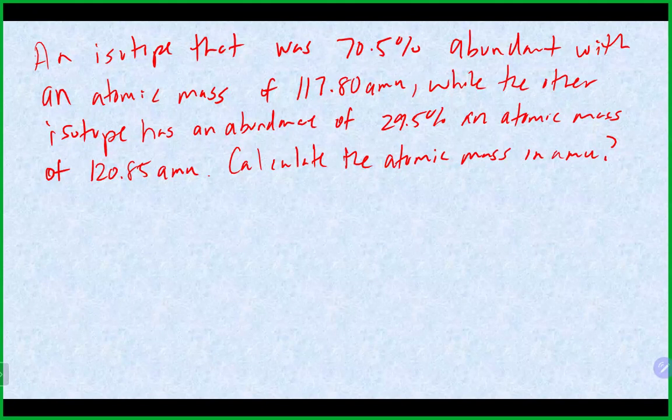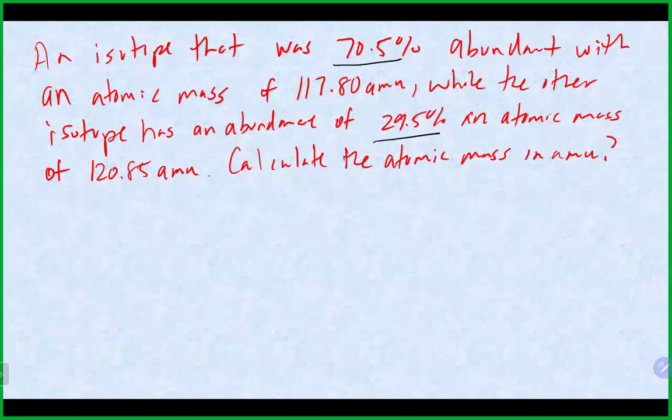So again here, we're not really sure what it is, but we do have a couple of isotopes' information given to us. Once again, just going to take a quick look at the percentages. We are close to 100, so we're really not missing any isotope in this case. So we could use our formula there for atomic mass.